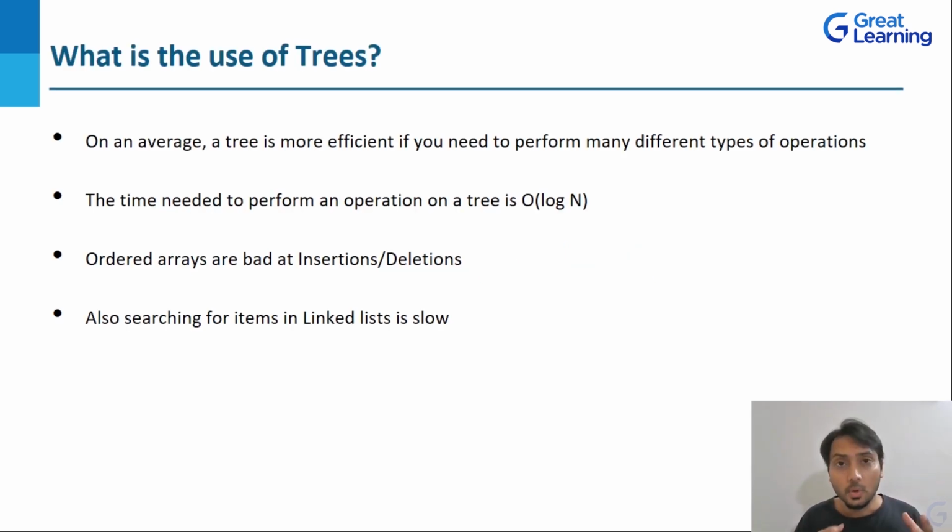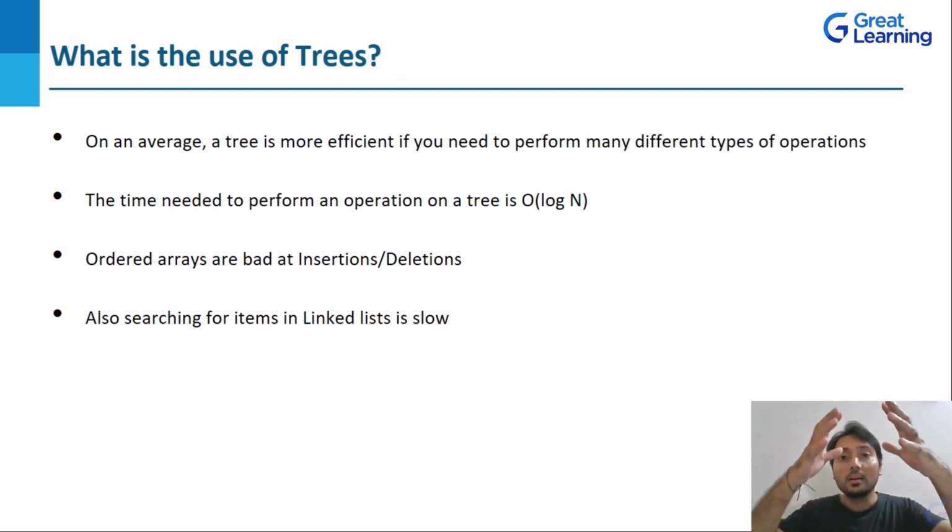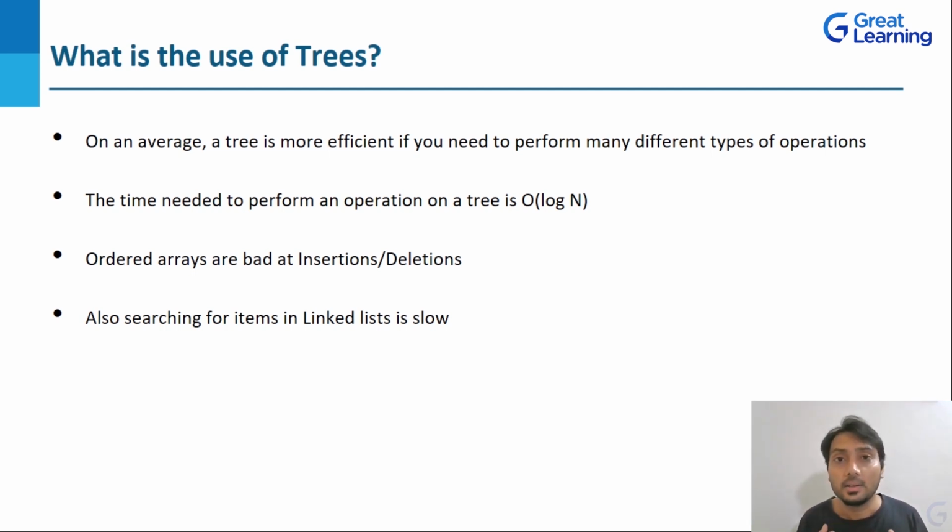So a tree, as we know, is a non-linear data structure. That means we are storing the data in a hierarchical format. We already know now what a hierarchical kind of structure is. So that itself makes a tree a great data structure to perform different kinds of operations. It could be insert, it could be delete.